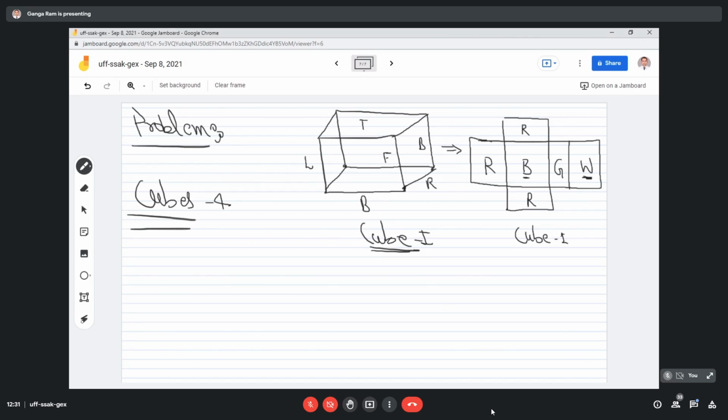Okay, now the question is that suppose we have 4 cubes whose 6 faces of every cube are variously colored with blue, green, red, and white color. And the problem is, is it possible to stack the cubes? Now we have 4 cubes, so this is 1 cube. We have to stack these cubes, suppose like this way.